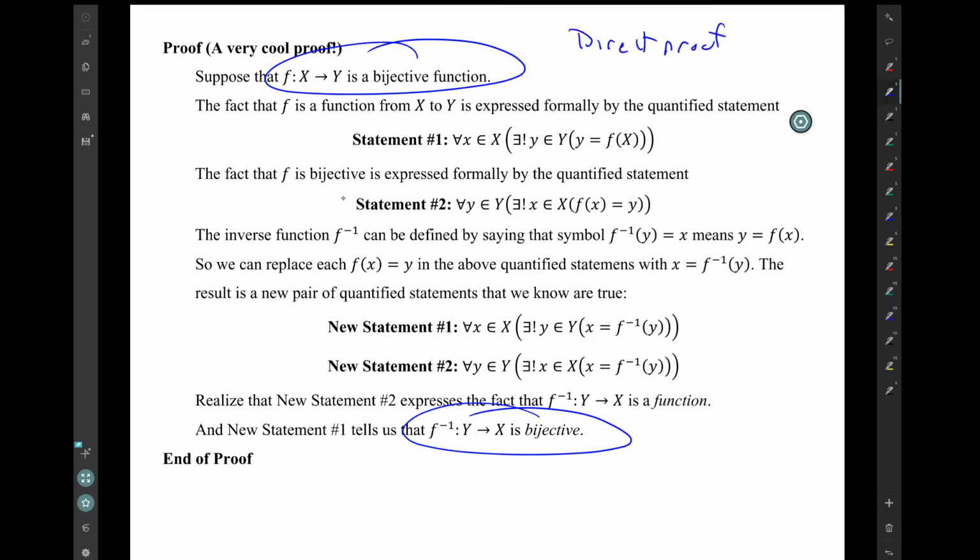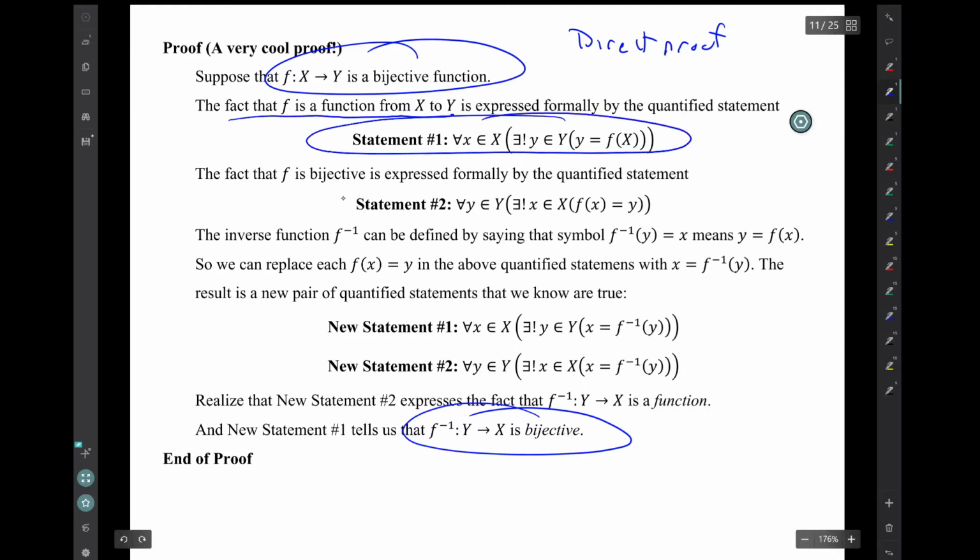Well, remember that earlier at the beginning of the video, I pointed out that the fact that a function is a function can be expressed using a quantified statement. For every x in the domain, there exists exactly one y in the range such that that y is output from that x.